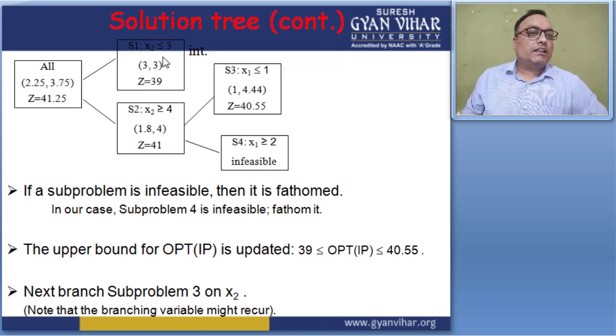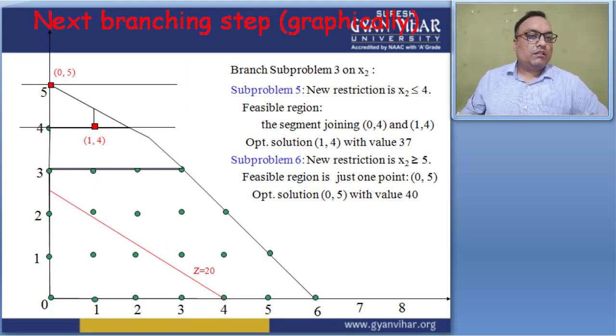One gives the integer solution, and the other is not an integer solution, so it will again divide into two steps. Here S4 gives the infeasible solution, and S3 gives the one non-integer solution for this case. Then, branching subproblem 3 on x2 gives subproblem 5 and subproblem 6.